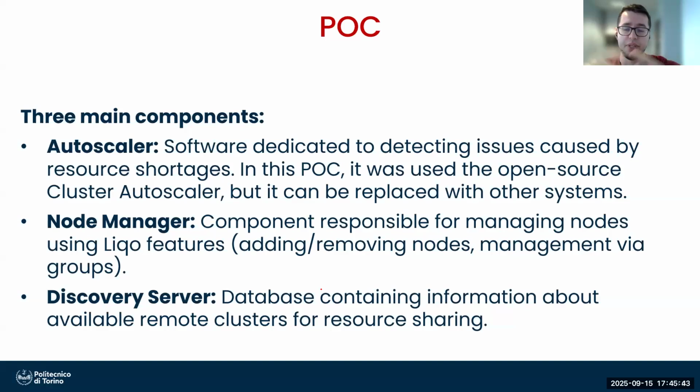So, for example, if a company already has its own autoscaler system, this company could use the node manager without the autoscaler, and also without the discovery server if this company also has its own discovery server. So we can change the modules how we want.